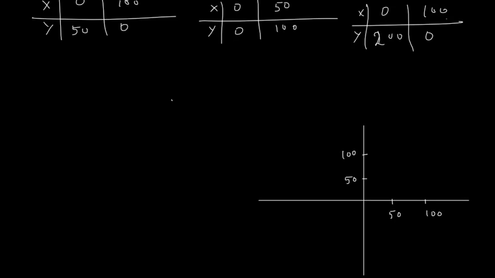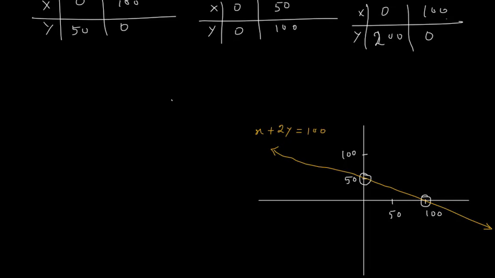So along x-axis we have 0, along y-axis 50. So this point, along x-axis 100, and along y-axis 0. I will join these 2 points. This is my equation, x plus 2y is equals to 100.